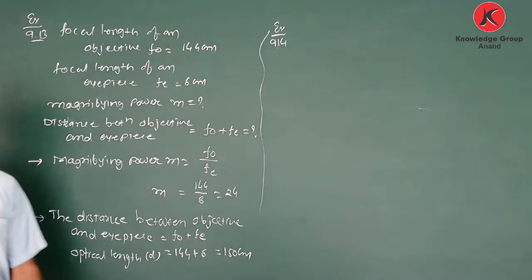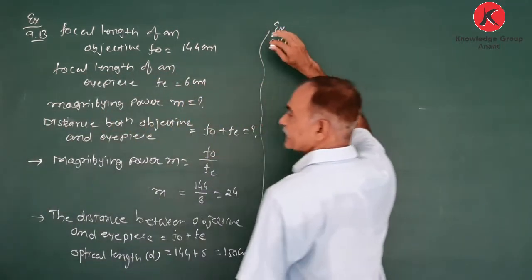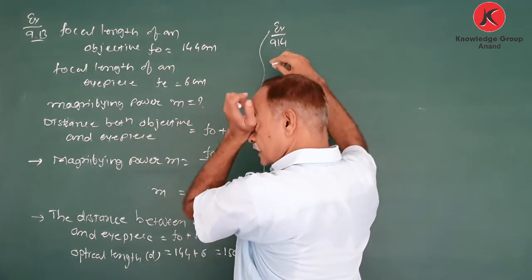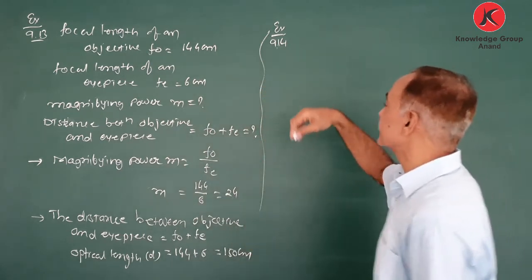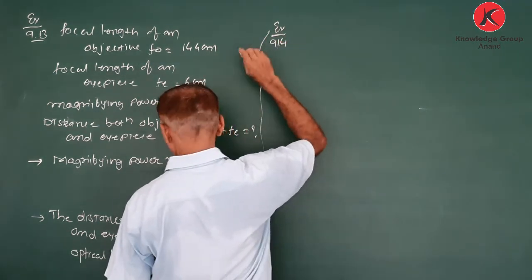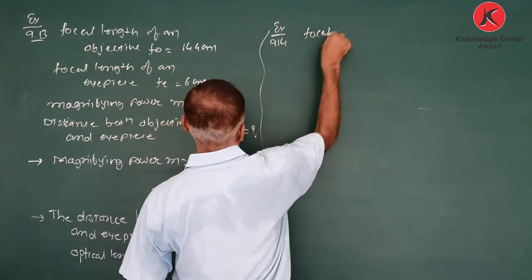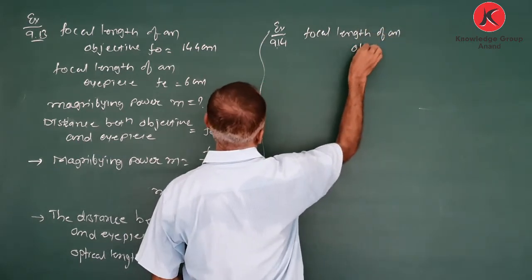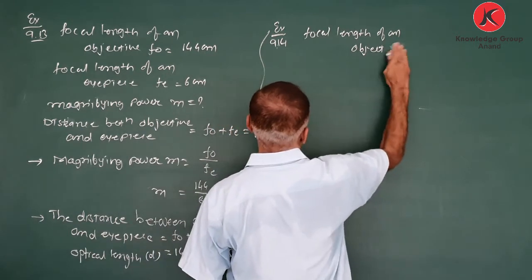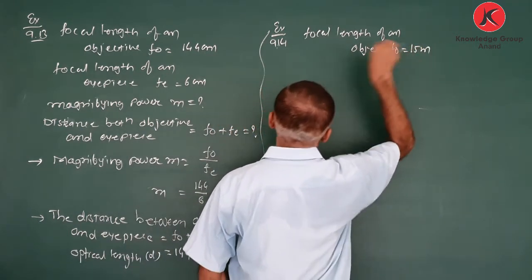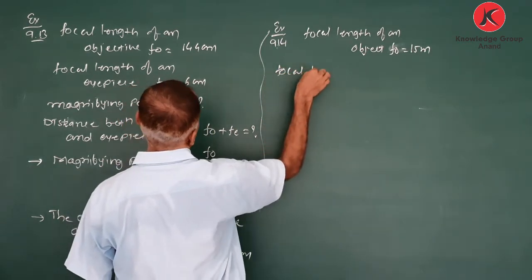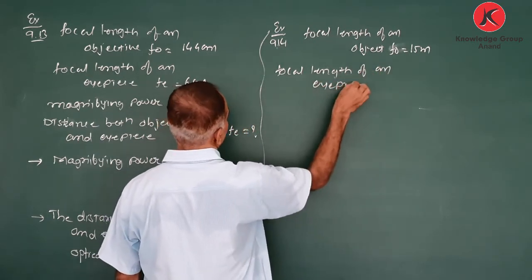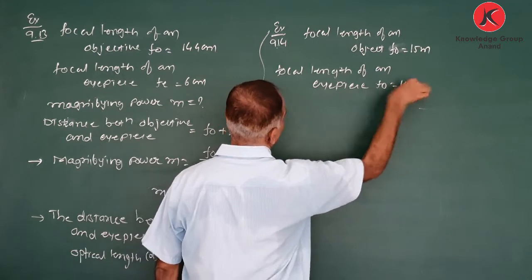In a giant telescope, the focal length of an objective is 15 meter and focal length of eyepiece is given as 1 centimeter.